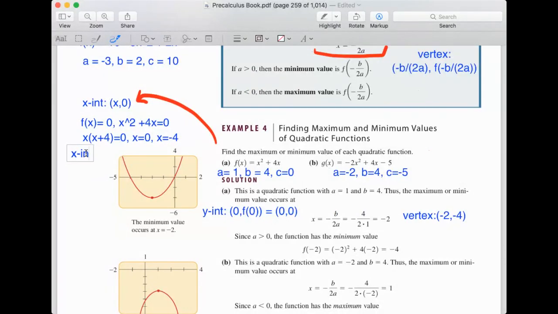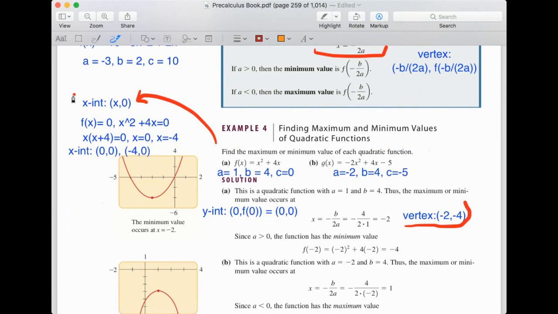So x-intercepts, we have 0, 0 and -4, 0. Exactly as shown in the graph. So now with these three pieces of information, we have vertex, right?